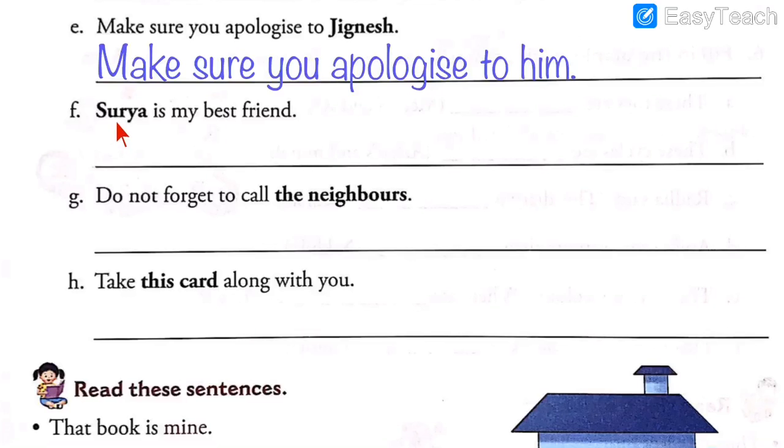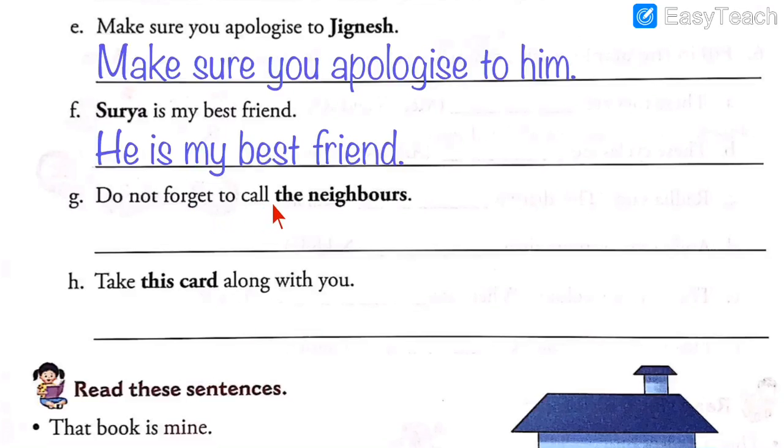And Surya is the name of a boy, so we write he instead of Surya. So the answer will be: He is my best friend. As it is, just one change. Instead of Surya, the name of a boy, we have written he, that is a subject pronoun.